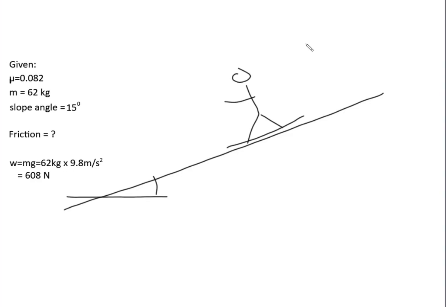And before we continue on this problem, let's draw a free body diagram into that picture. So we just take the middle of the person and the weight goes straight down. So that is 608 Newton, but we need to find the perpendicular component of the weight.